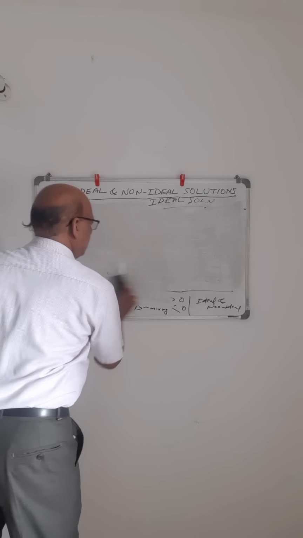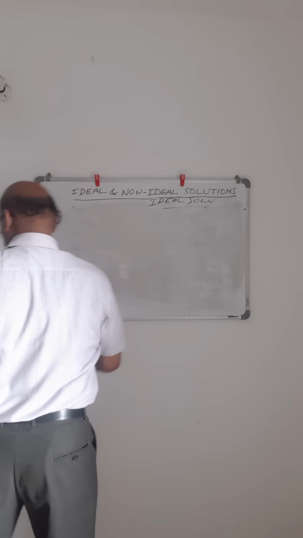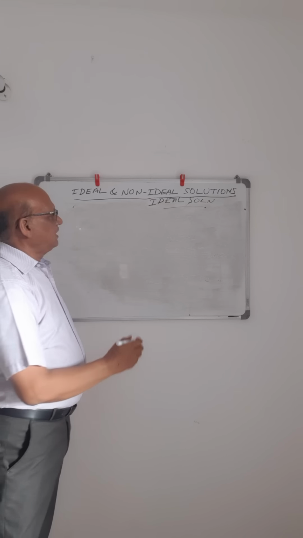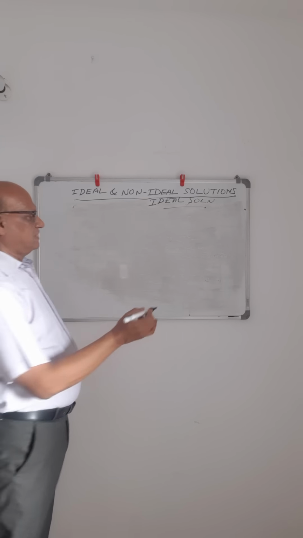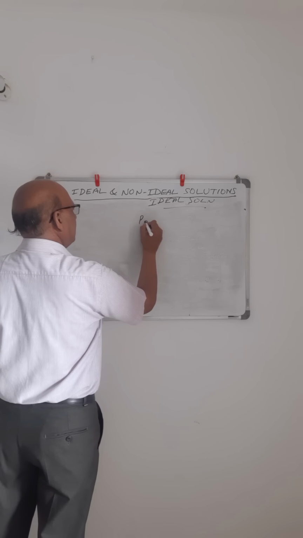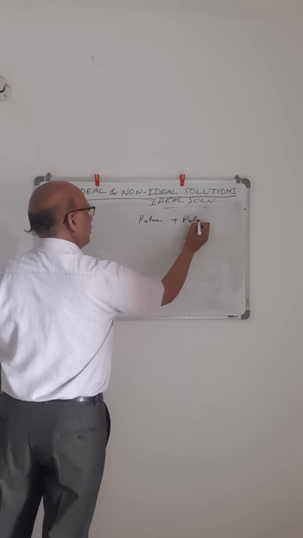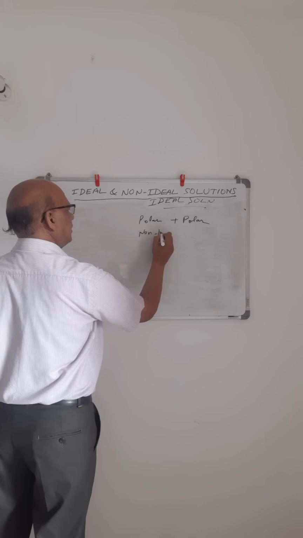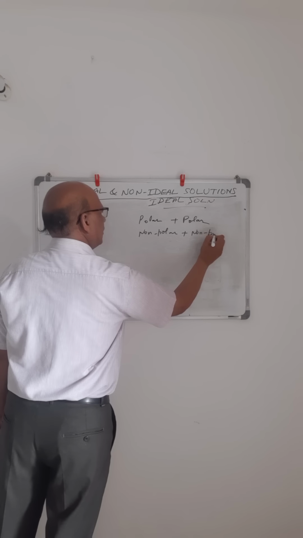Okay. So now we take some examples of ideal solutions. After that we will take the non-ideal solutions. First we have to see that both the liquids should be of identical nature. Say polar: if one liquid is polar, then the other should also be polar. Okay. If one is non-polar, then the other should also be non-polar.